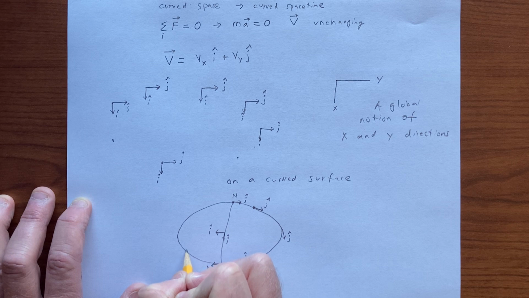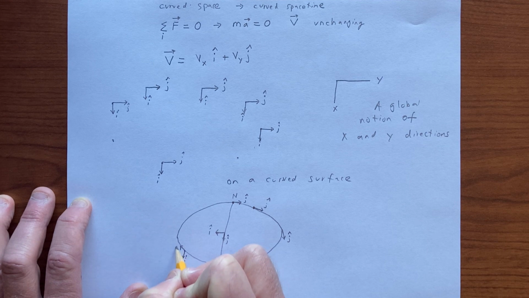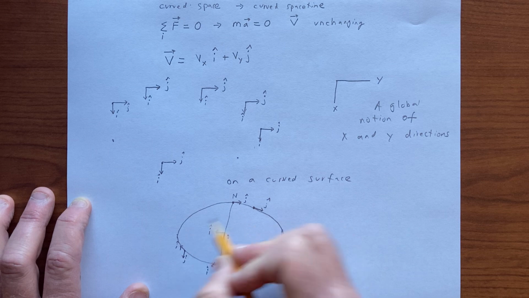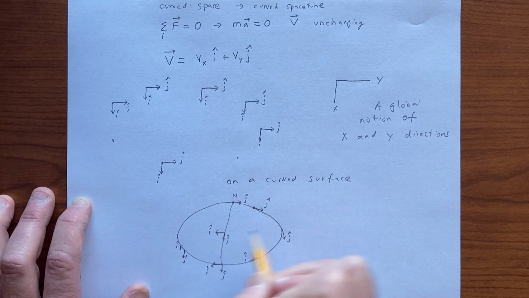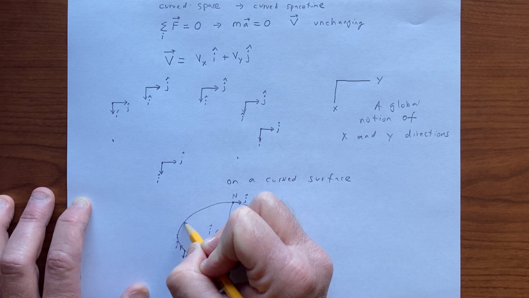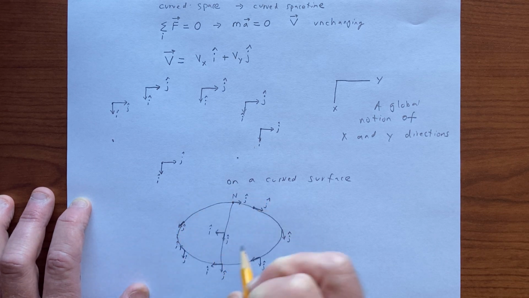And if I continue thinking about this along here, if I don't go up there, J hat and I hat, and then when I'm doing 180 degrees here, I'm halfway around the circle on the equator, I come up this way, then my J hat is downward here, and my I hat is into the page.